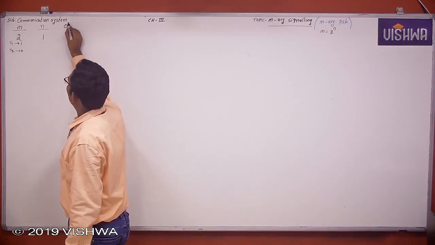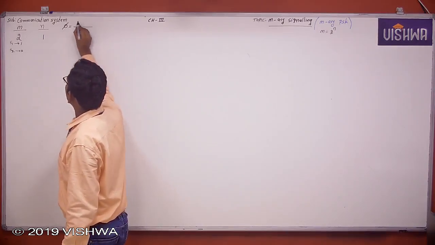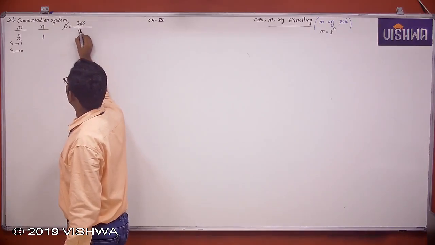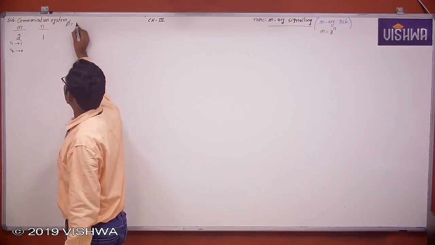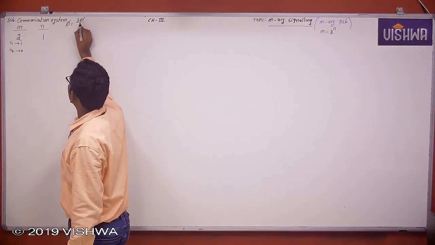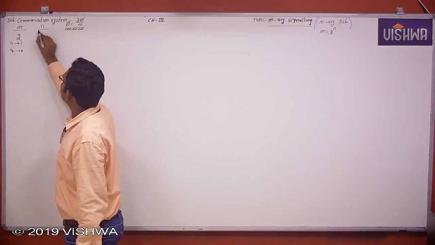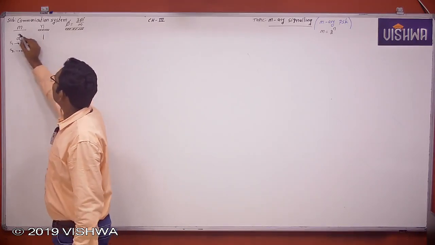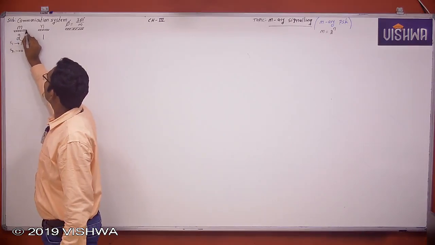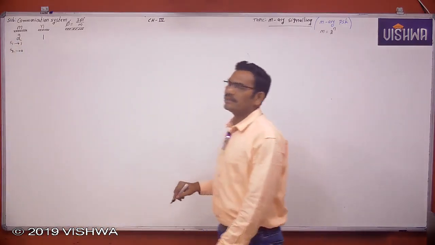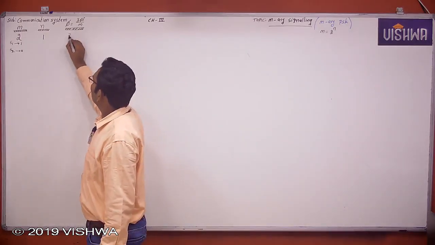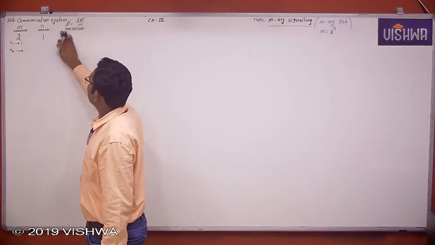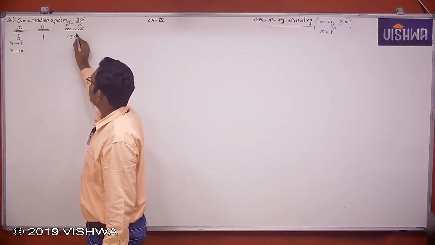Therefore, the phase difference between the symbols is 360 degrees by capital M, which is nothing but 360 degrees by 2, which is 180 degrees.